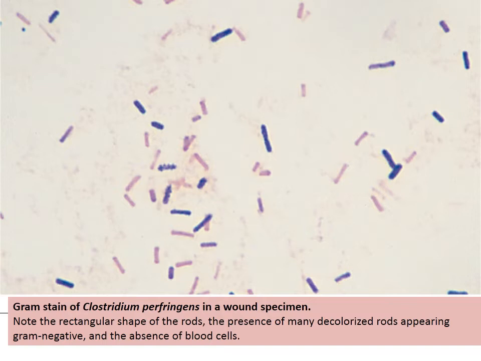If you do gram staining of this bacteria, this is from a wound specimen. You can see these are rectangular shaped rods. And then you can also see some of them appear gram negative as well. That's a little bit of decolorization that may happen.